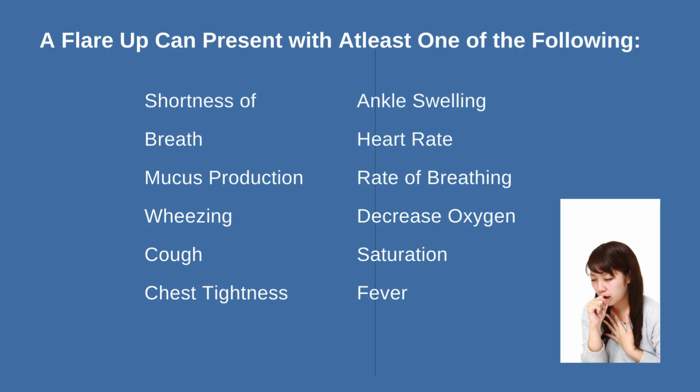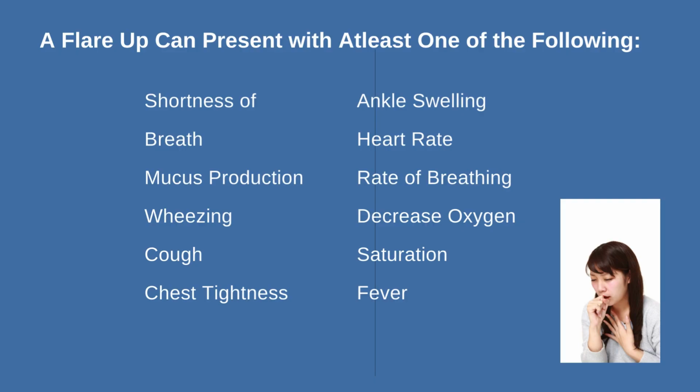So how can you identify if you're getting a flare up? If you develop increased shortness of breath or increased mucus production, this is an identifying factor that your condition is getting worse. If you develop wheezing when you normally don't have it, a wet cough, chest tightness, and you can develop other cardiac things like ankle swelling, increased heart rate, and increased rate of breathing.